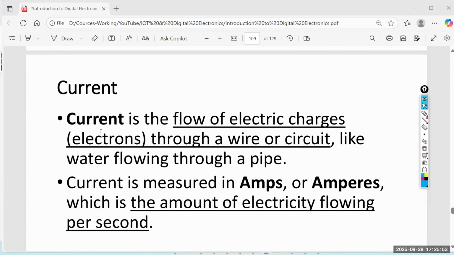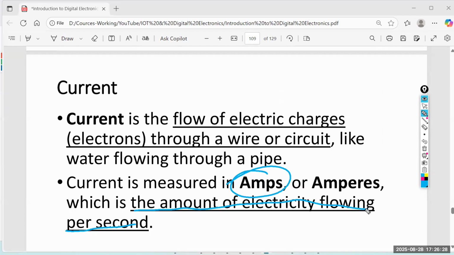Then we have the concept of current, I, earlier V. Current is the flow of electric charges. Actually, it is electrons, but we consider it as positive things going the opposite way. Higher current means there's a higher flow of charges. Low current means there's a lower flow of charges. We measure how many charges go per second, or the amount of electricity flowing per second, as 1 ampere.